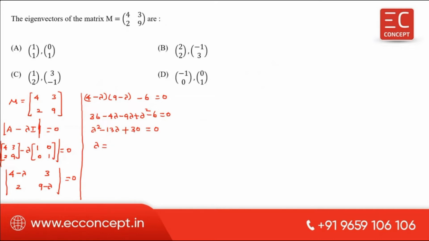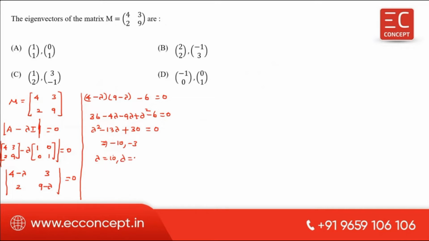You have to choose two numbers such that if you add them you get minus 13, and if you multiply them you get plus 30. So those are minus 10 and minus 3.